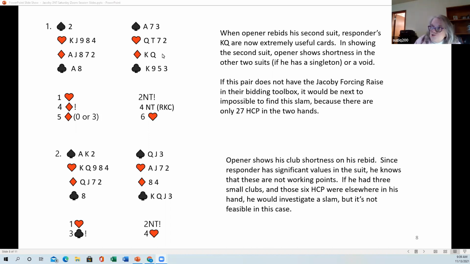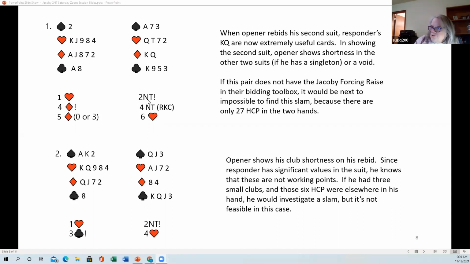And it's because of the description that opener was able to give to the responder. He now knows that these honors right here are fitting honors and make his hand and his partner's hand very much more valuable, and the degree of fit is great.